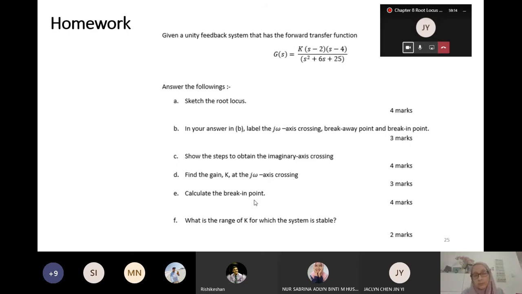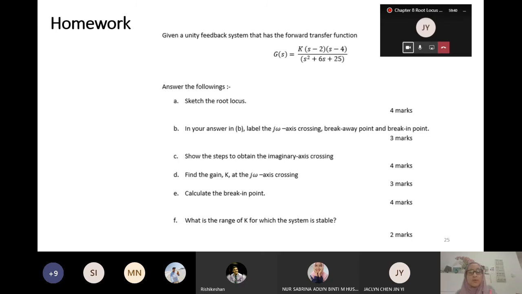Then you need to calculate the break-in point. In this one, it asks you to calculate. So you can look at our break-in points earlier and see which method is best, whether you want to use differentiation or without differentiation. But try not to use MATLAB yet. This homework expects you not to use MATLAB yet. But if you want to verify your answer with MATLAB, it's okay.